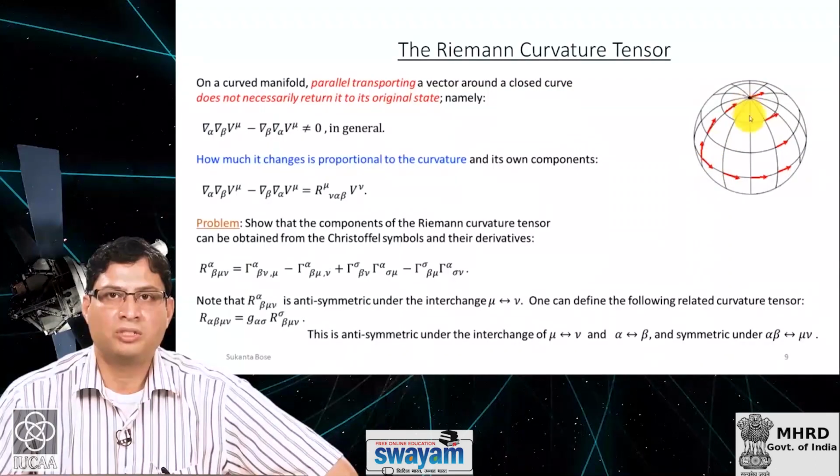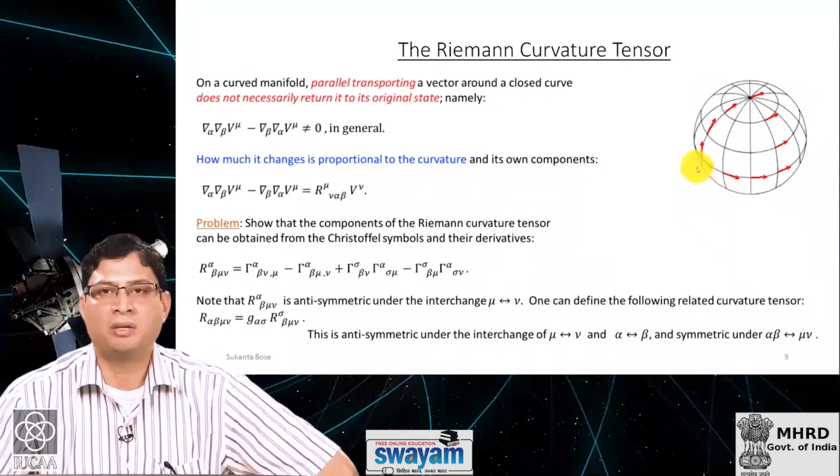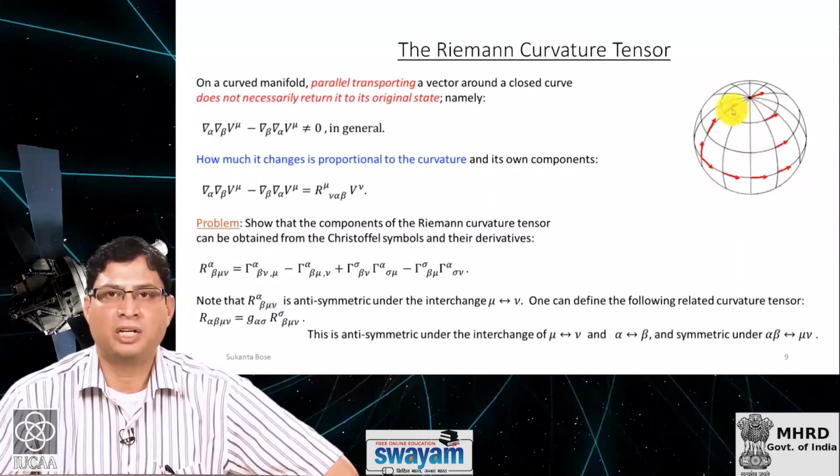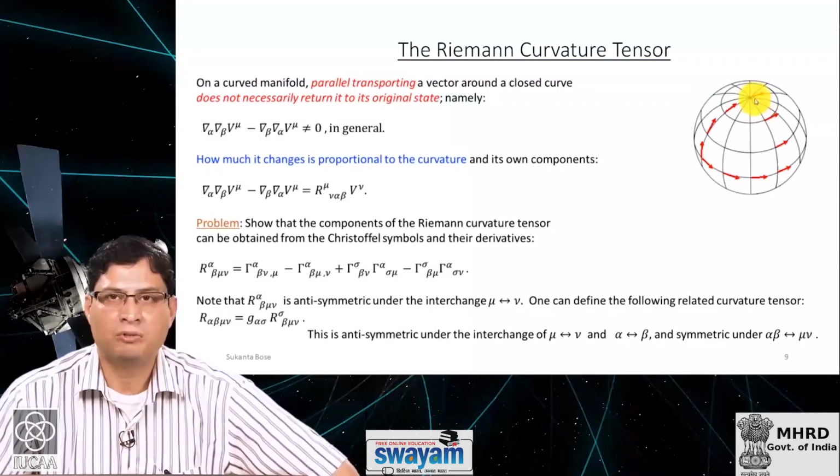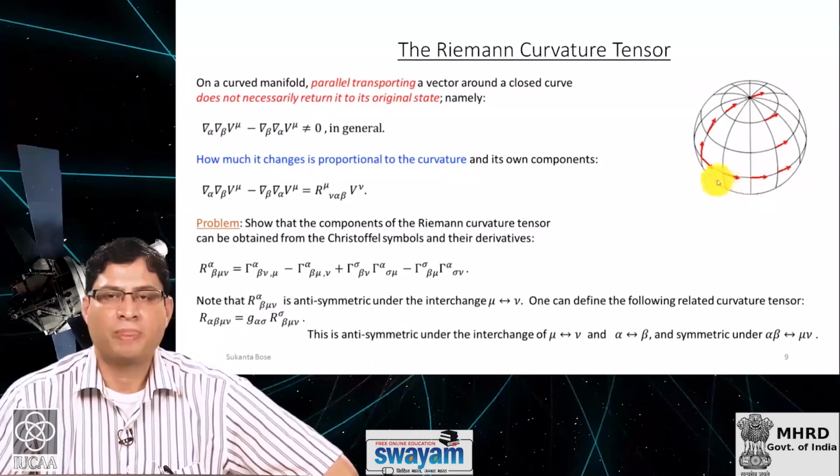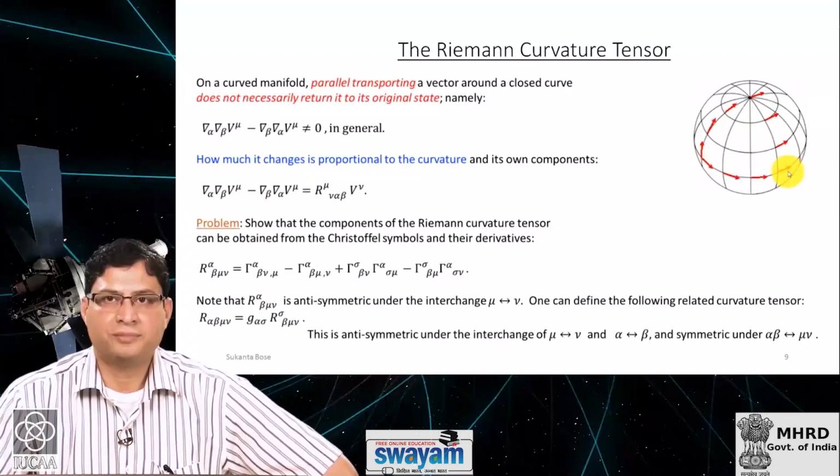So, all of the longitudes are geodesics. The latitudes are not geodesics unless you are on the equator, which is actually another great circle, just like any of these longitudes, and they all have the same radius. Remember, these latitudes have shrinking radius going all the way to 0 at the 2 poles. So, here you have a triangle.